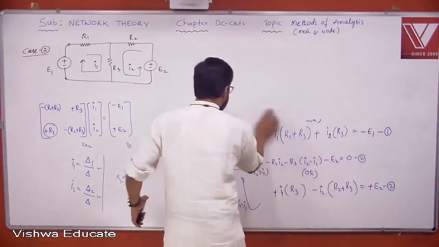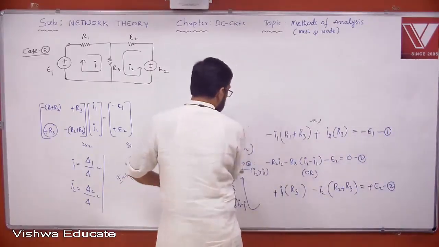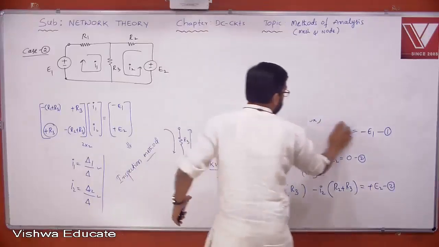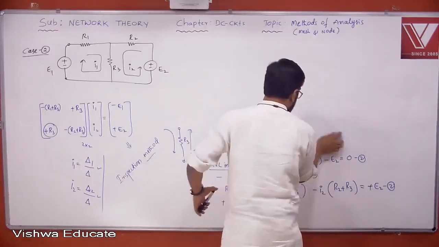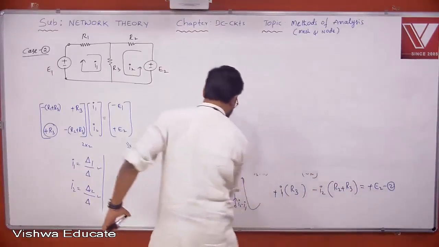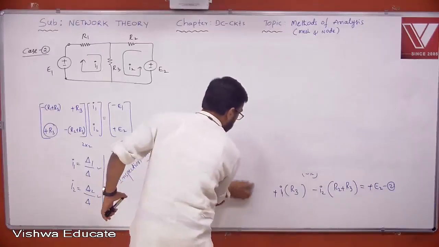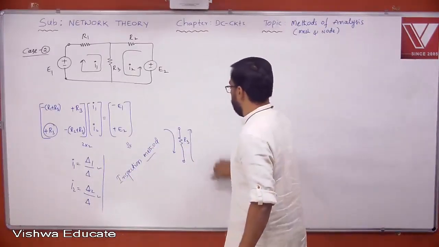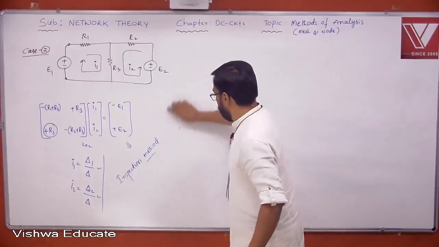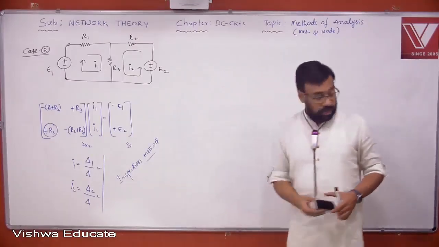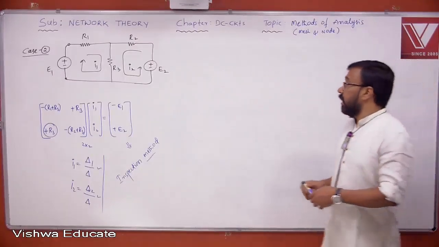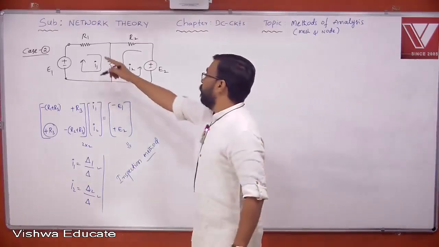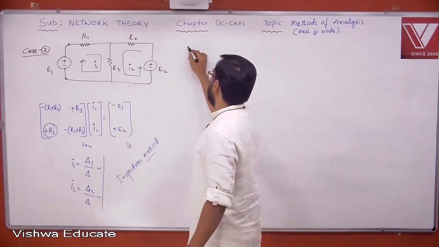Now for this problem, let us write the equations. First loop, KVL in loop 1.